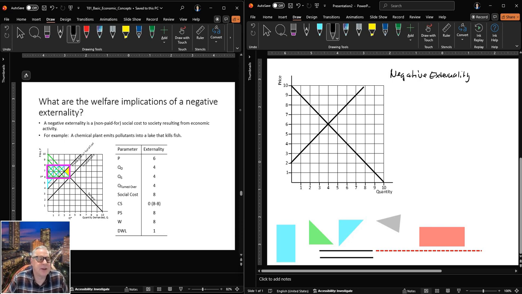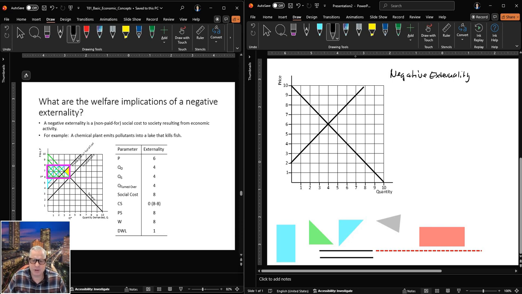A negative externality is a non-paid for social cost to society resulting from economic activity. So a standard example is that a chemical plant emits pollutants into a lake, and that lake kills fish, and now people eat the contaminated fish, and there's a public health problem, let's say.